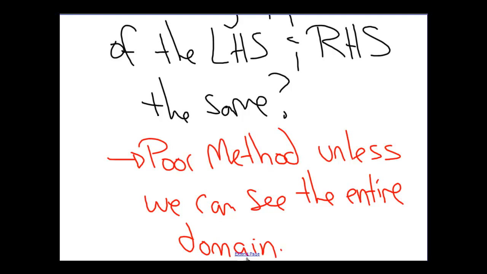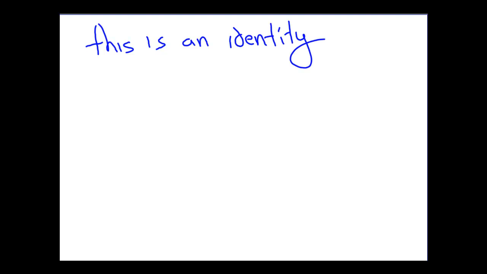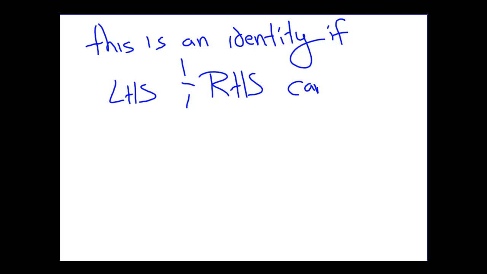So, we really only have basically one further way of checking that this is an identity. Okay? This is an identity if the left and the right-hand sides are actually the same thing. So this is an identity if the left-hand side and the right-hand side can be written in the same way.